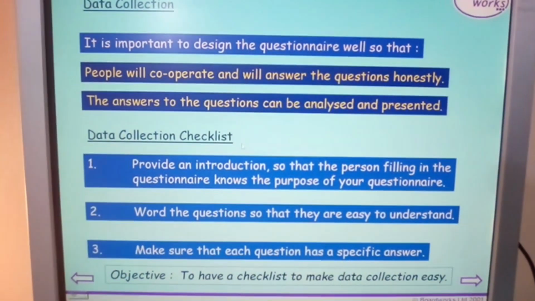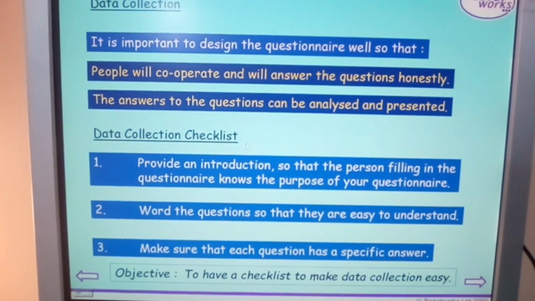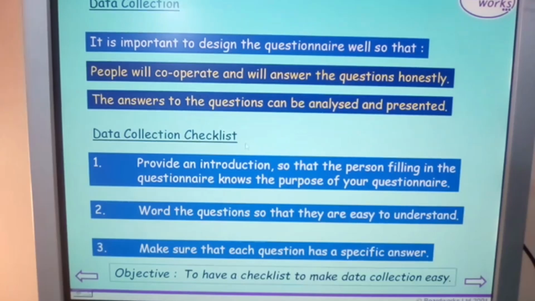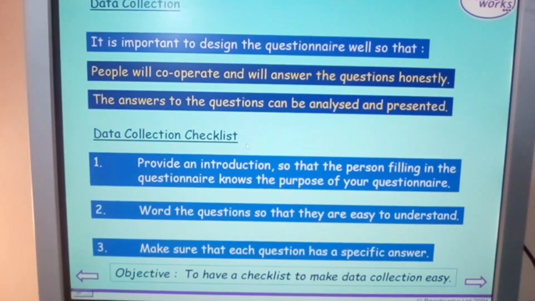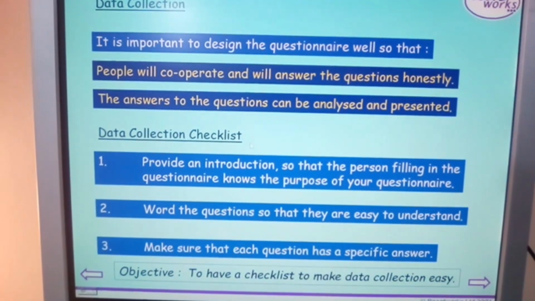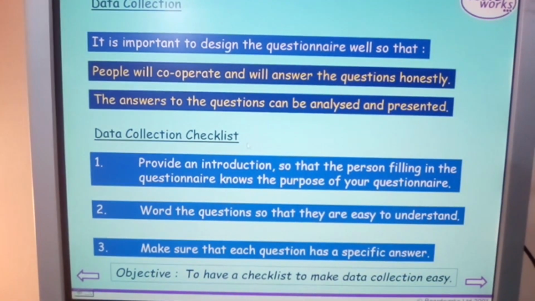Data collection. It is important to design the questionnaire well so that people will cooperate and will answer the questions honestly. The answers to the questions can be analyzed and presented. Data collection checklist. 1.